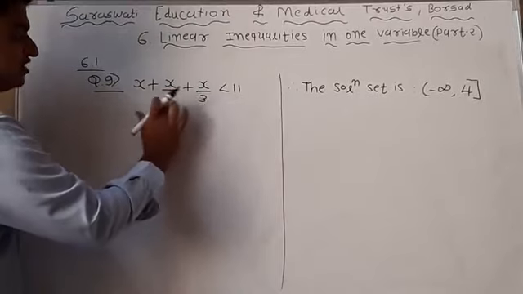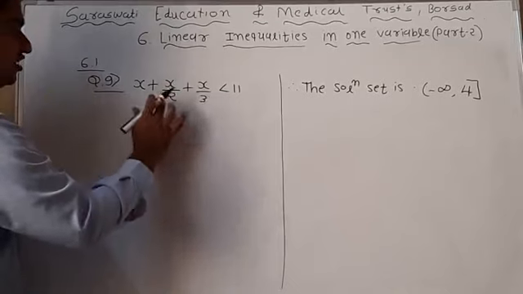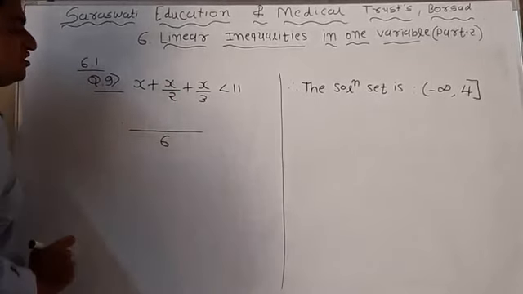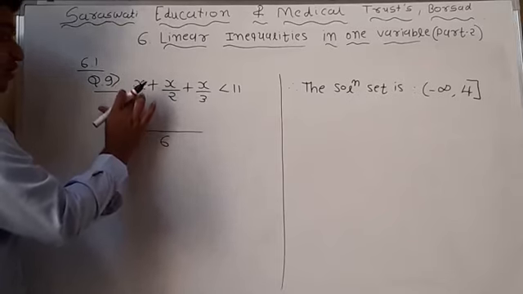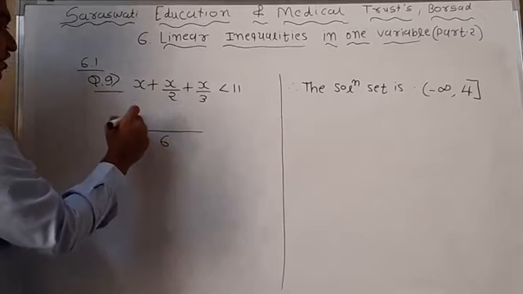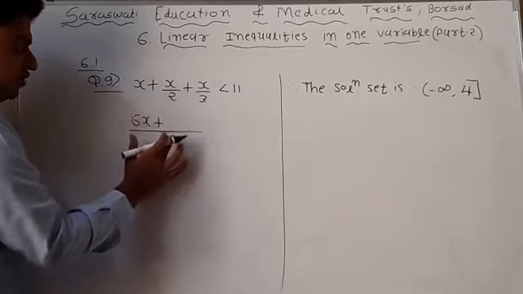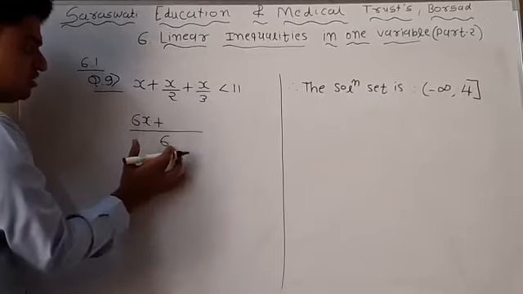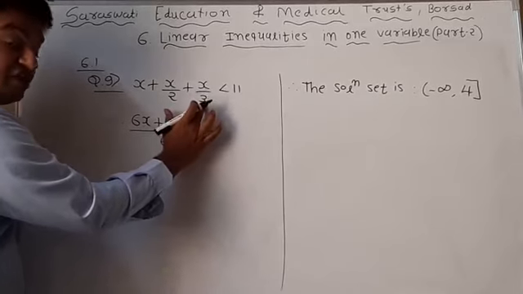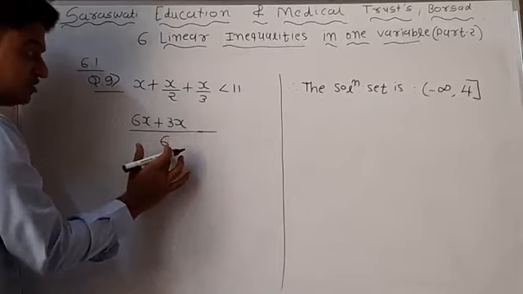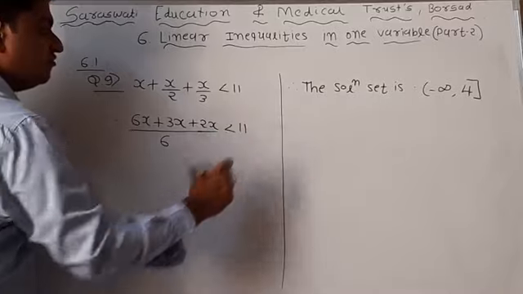Now first decide on the left side which is our LCM. 2 times 3 is 6, so 6 is our LCM. In the first term, no denominator is present, so we multiply by 6. Now denominator 2 is present, our LCM is 6, 2 times 3 is 6, so multiply 3x. Now denominator 3 is present, our LCM 6, so multiply with 2, less than 11.